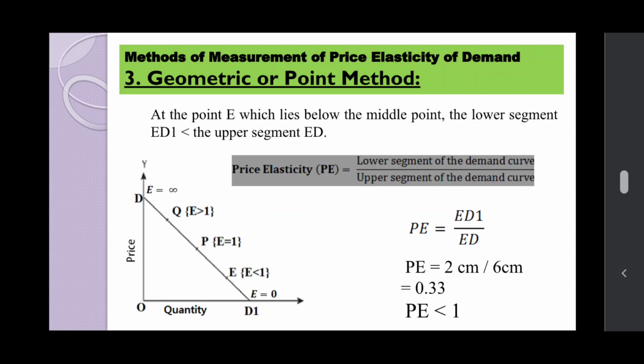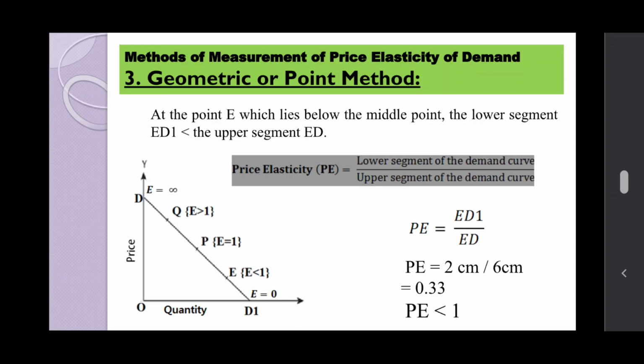Here lower segment of the demand curve is 2 centimeter and upper segment of the demand curve is 6 centimeter. If we calculate, we get the result of 0.33. So price elasticity of demand at point E will be less than 1.